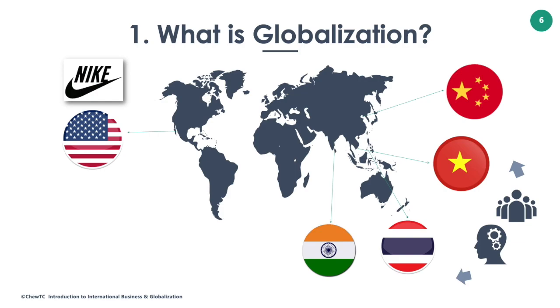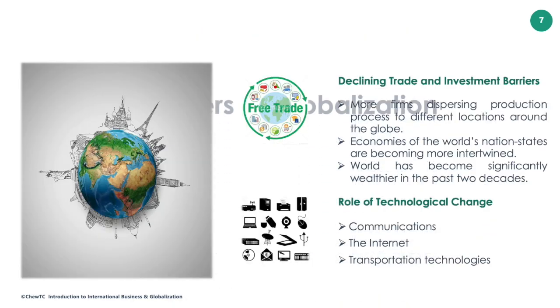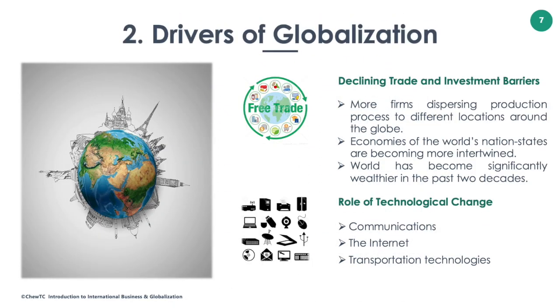We have thus far understood what is meant by globalization. But what are the drivers of globalization? What makes globalization possible? There are two reasons. First, declining trade and investment barriers, and second, the role of technological change.